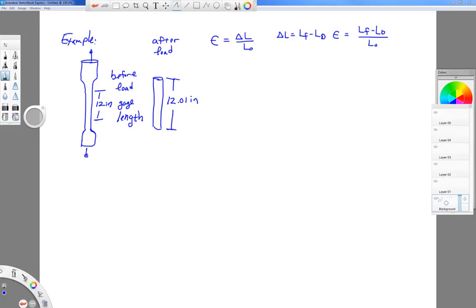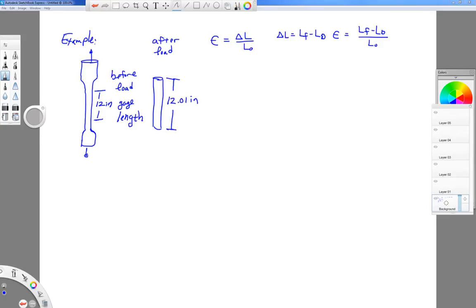All right, so let's do an example where we use this idea of the extensional strain. Suppose we have a bar, that's a pretty crude sketch of a test specimen, and it's got a 12-inch gauge length before any load's applied to it. And after the load's applied, it stretches out. I'm exaggerating this deformation, but it has a new length of 12.01 inches.